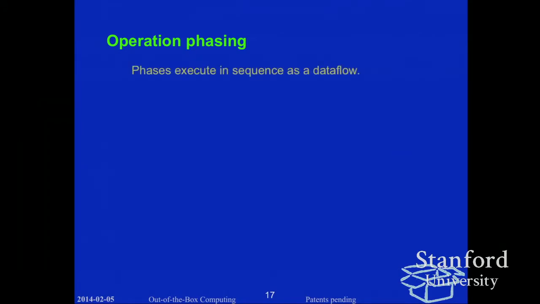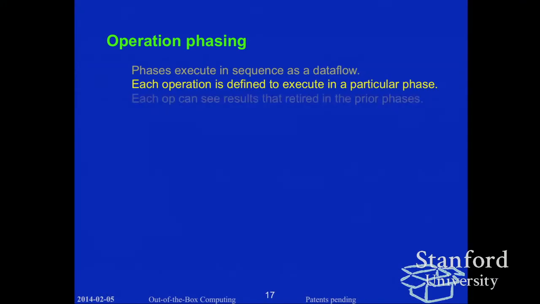But anyway, phases execute in sequence as a data flow. And each operation in the instruction set of the machine is associated by definition to one particular phase. Each operation can have as its input results from a prior phase. Here are your phases.